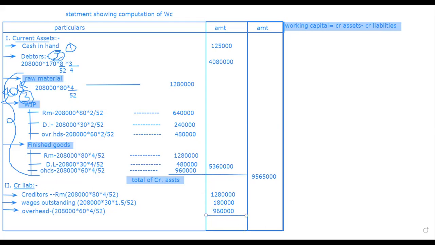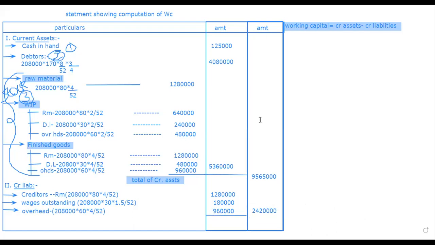Okay, now we are going to use our calculator once again and we'll see what is the total of our current liability. So 12 lakhs 80,000 plus 1 lakh 80,000 plus 9 lakh 60,000, which is going to be 24 lakhs 20,000. Now what does the formula say?